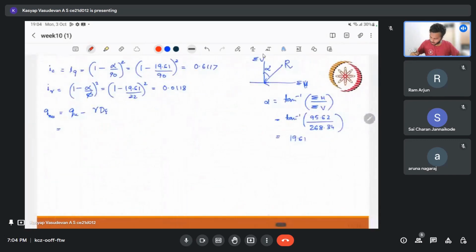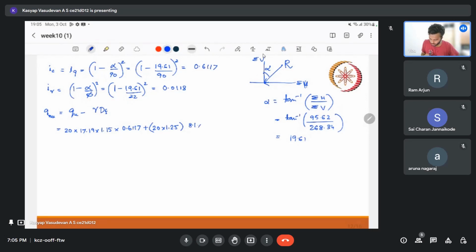So if I substitute all the values, I'll get 17.19, this is cNc into dc ic, plus, instead of q, 1.25. This is my gamma into Df into Nq.